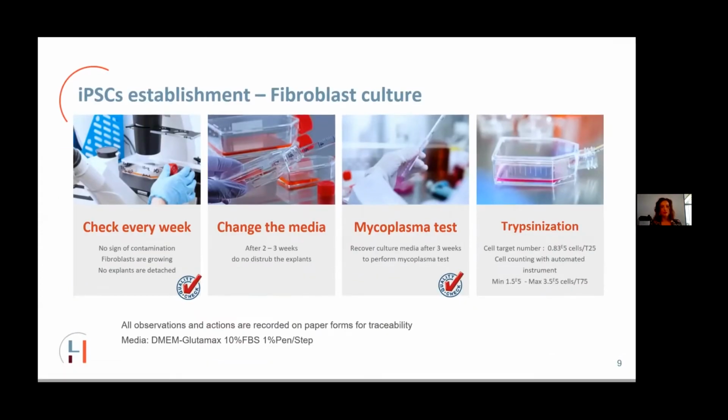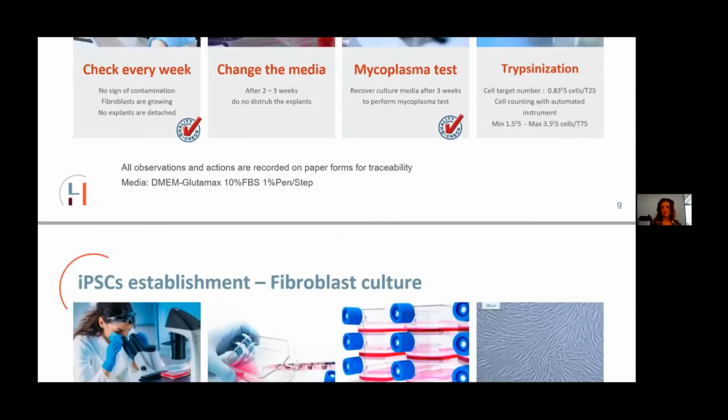We check every week that there is no sign of contamination, the fibroblasts are growing well, and no explants are detached. If an explant is detached, we need to reattach it. Then we change the media, we test for mycoplasma to see if it's mycoplasma free, and then we do the stock initiation. All information and actions are recorded on a paper form for traceability.